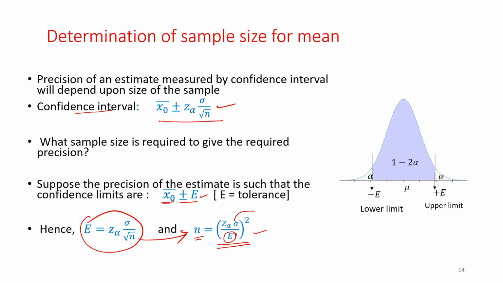So if I want to keep the tolerance low, I need to take more readings. N has to be very, very large then. So this formula is used to find out the sample size. And I can use the left-hand side formula to find out the tolerance, if tolerance is not given.